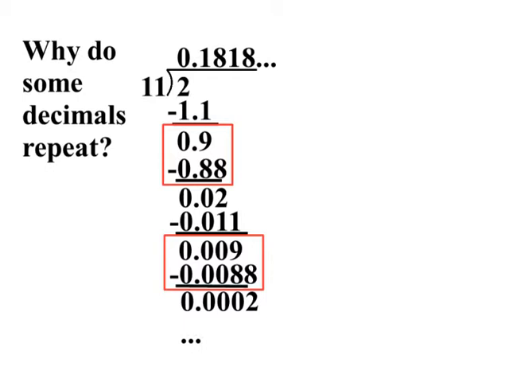So we subtract off 0.011, which is 0.001 times 11, and we get 0.009. See how we're getting the same numbers, just with the decimal point moved over? Well, this pattern will continue, and that's why this decimal will repeat.